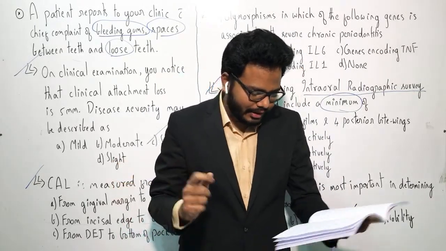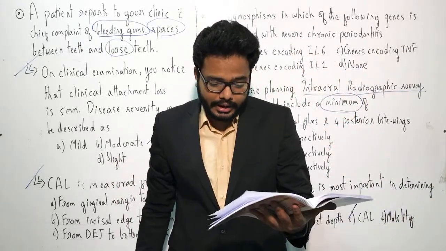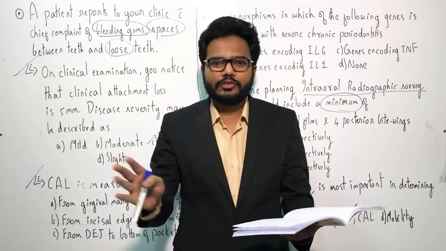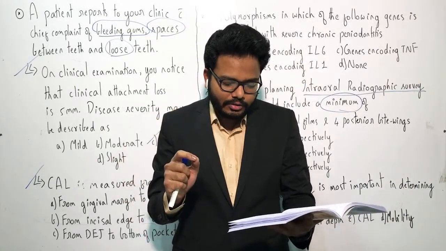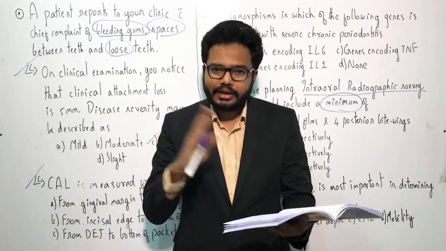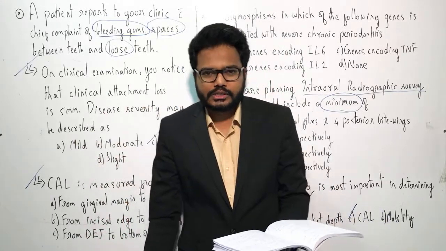The first question is shallow pockets attached at the level of the apical third of the root. So we have two situations. Shallow pockets, which are attached at the level of the apical third of the root. And the second scenario is deep pockets, which are attached at the coronal third of the root.